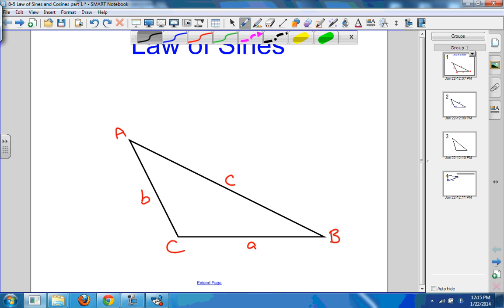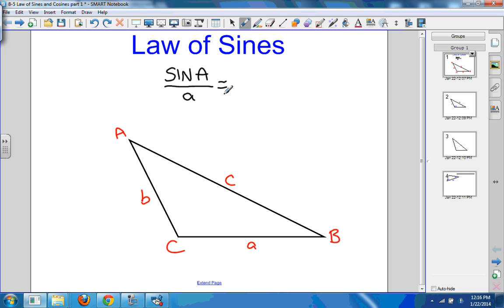It says that the sine of angle A divided by side A is equal to, or proportional to, the sine of angle B divided by side B, which is equal to the sine of C over side C. This might look a little bit confusing, but it's a pretty easy concept.